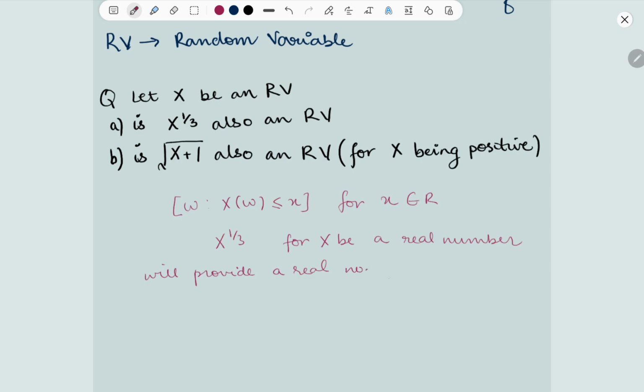So we say that x raised to power 1 by 3 is also a random variable.